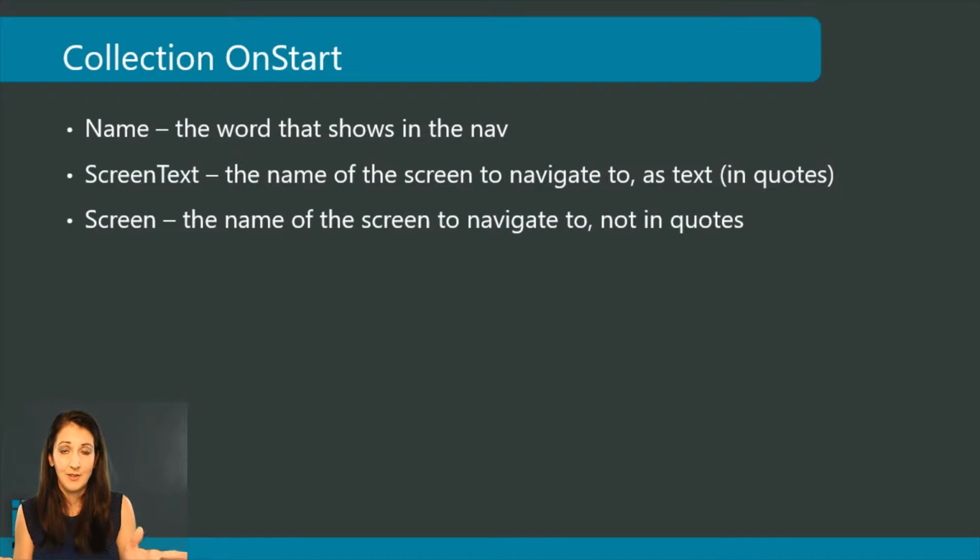It's just the name of the screen, because it needs to be able to associate that with the actual names of screens in the app and take us there. It won't take us to something that is just a piece of text, right? So that is the most confusing part. One of the things I wanted to lay out for you: screen text and screen are the exact same thing. Like customers, SCR customers, that's in quotes, and then the next one is just SCR customers.